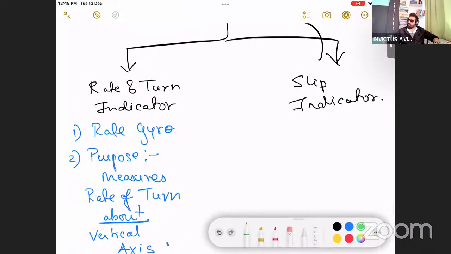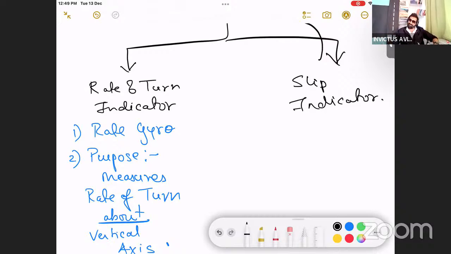So in the turn coordinator or a rate of turn indicator, the earlier one, the yesterday one, was helping us coordinate our turn. This one is just indicating whether our turn, whatever the turn value is, the bank or this or that. And on the other side, attached to it is a slip indicator, which will show us whether we are slipping or not.